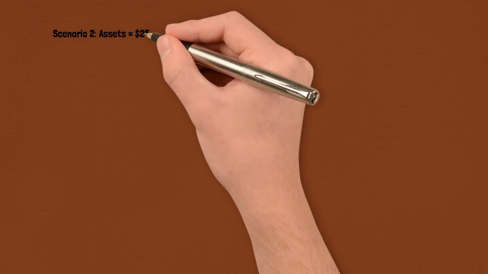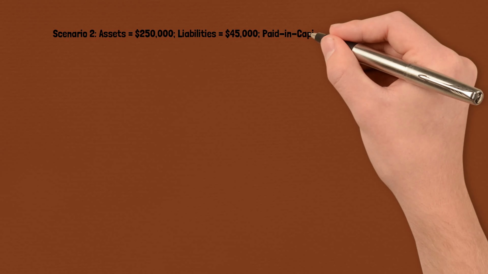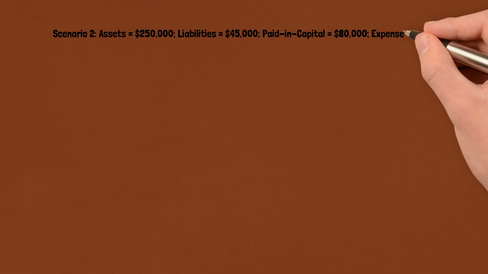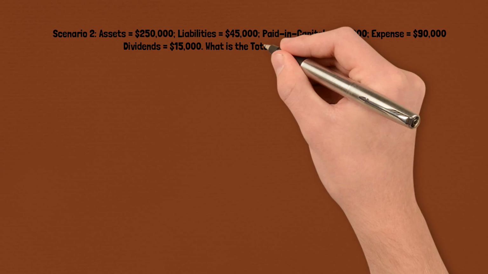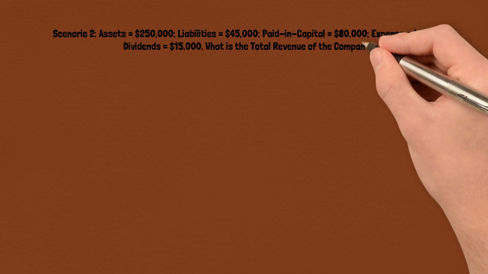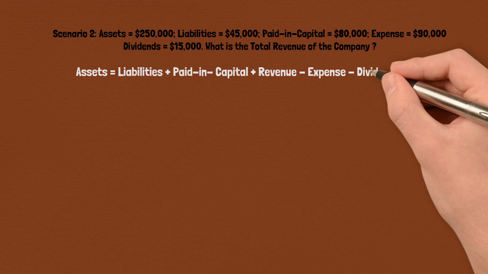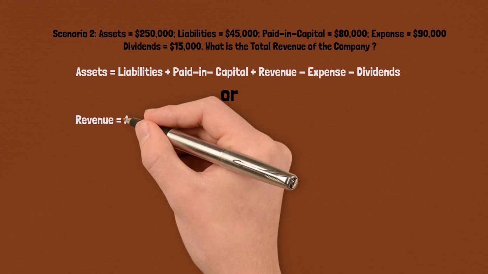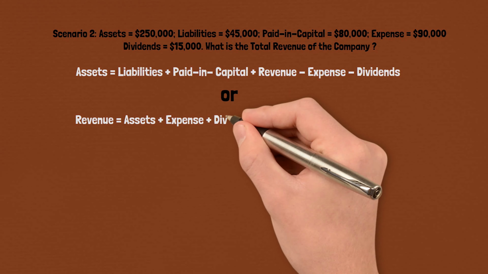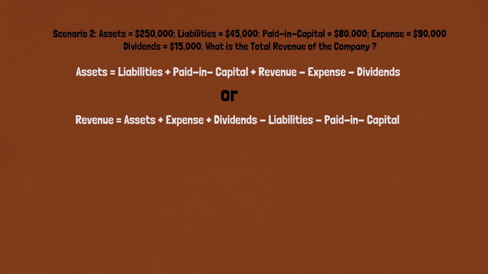Let's say in scenario 2 we have assets worth $250,000, liabilities $45,000, paid in capital $80,000, expense $90,000, dividends $15,000. Then what is the total revenue of the company? We are going to take the expanded accounting equation and rearrange it. So our equation would stand as follows. Revenue is equal to assets plus expense plus dividends minus liabilities minus paid-in capital.